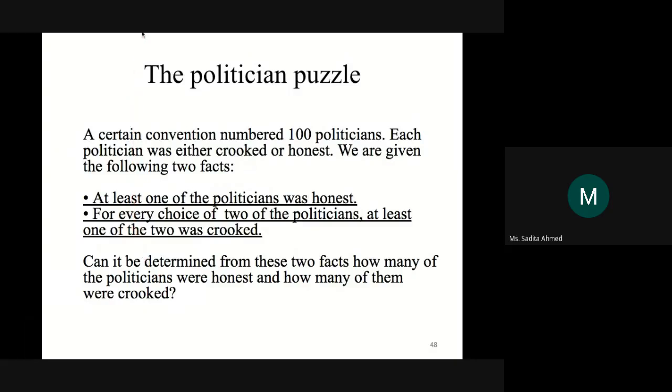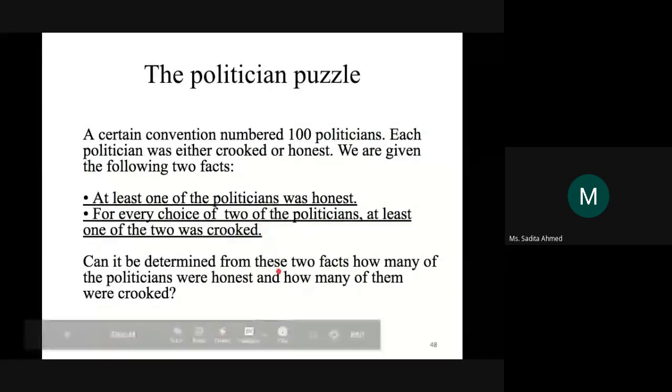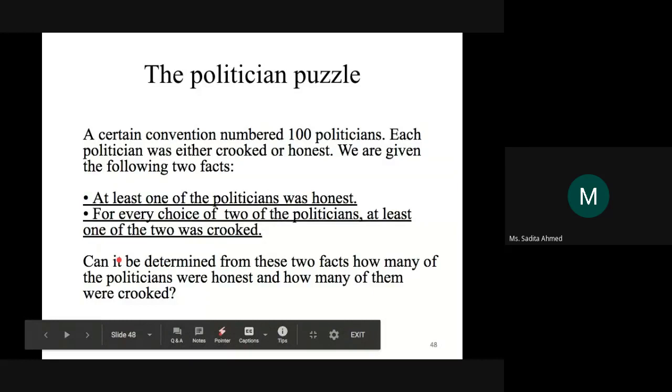We're saying that only one is honest and all the other 99 are crooked. Regarding this answer, does anybody think that, okay, it's possible that this could not be the answer?